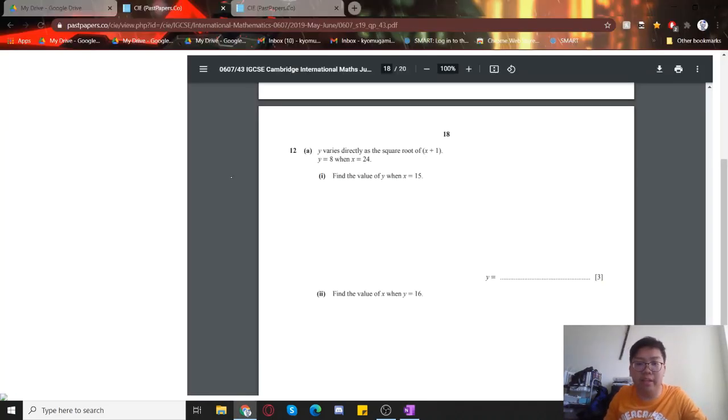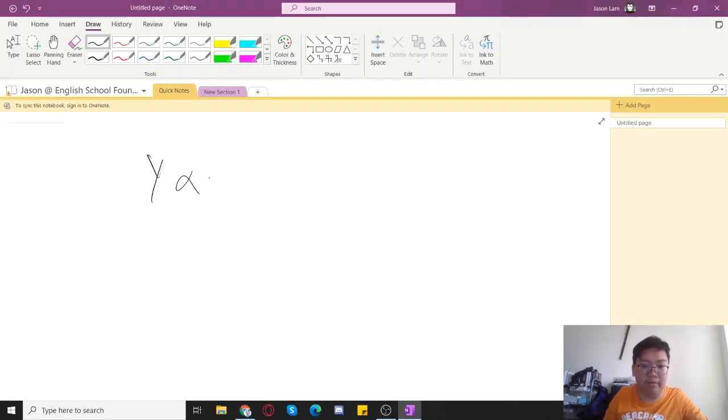So directly varies. I need to write this sign, the varies sign, and because it's directly and not indirectly, it should be like this. Square root of x plus 1. Great.